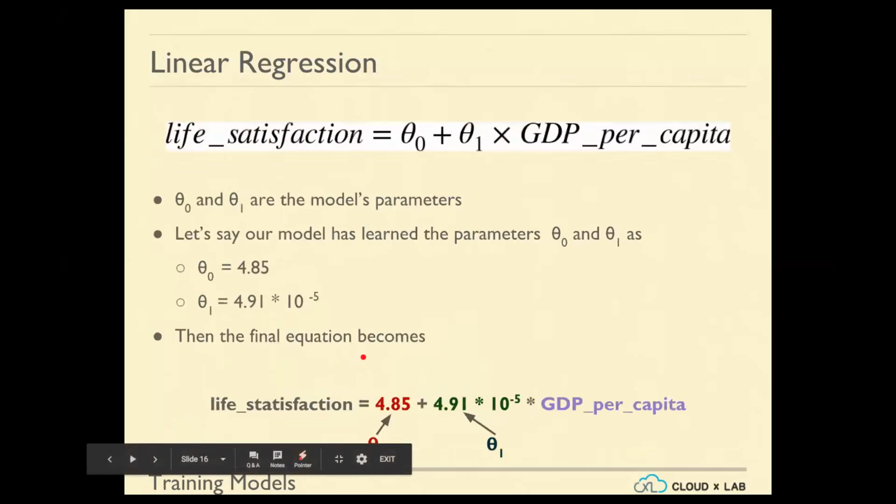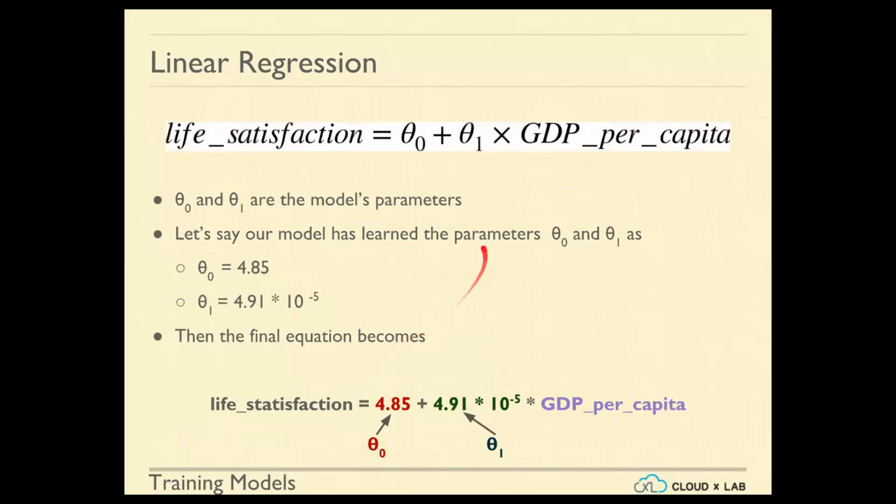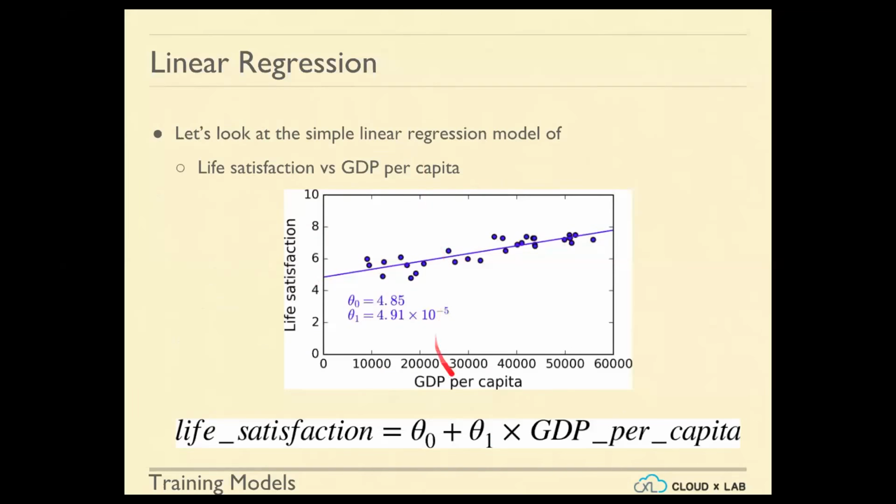Whenever we are trying to predict a value, if we are assuming it to be linear, we'll have to have these two values. I hope the visualization makes it very clear, because for each theta 1, there could be many lines that go through this. Therefore, we need one more.